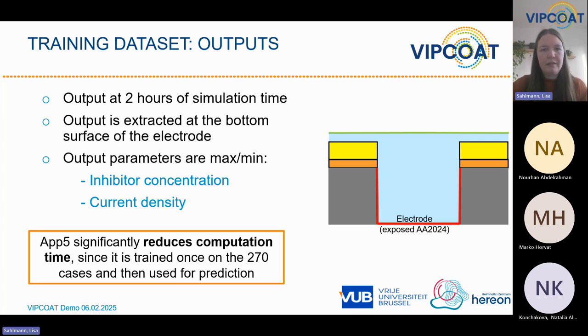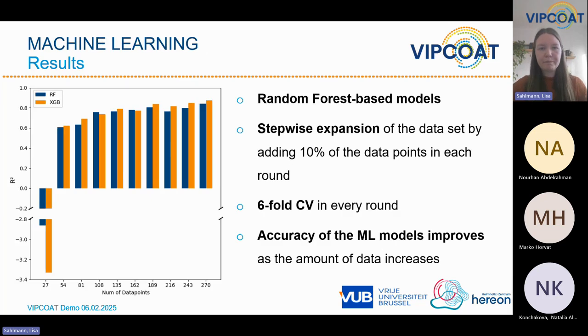The output is extracted at the bottom of the surface at the electrode, and the output parameters are the inhibitor concentration and the current density. As I mentioned, it reduces the computation time because you can just put in these 5 parameters, and then with a click get the prediction for the specific geometrical setup that you want to know about.